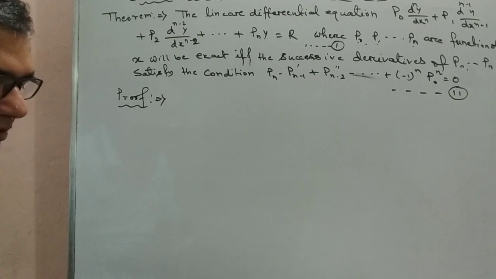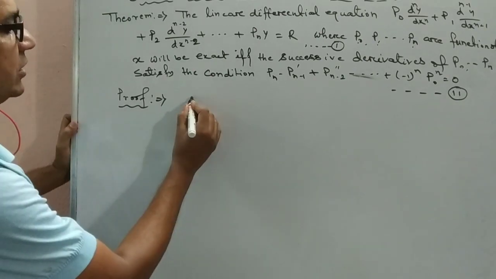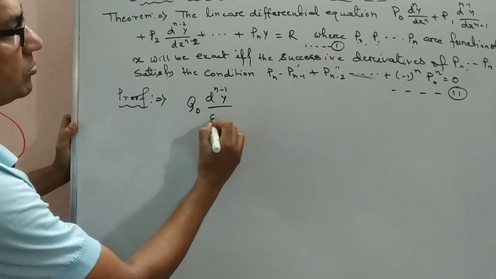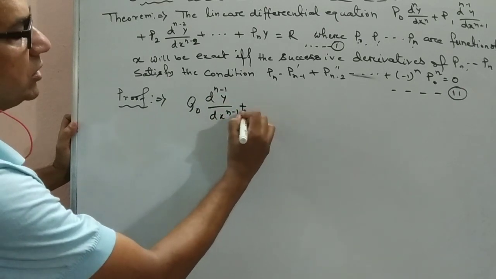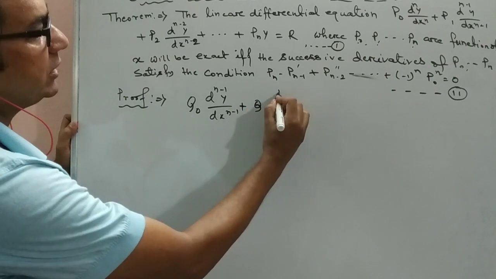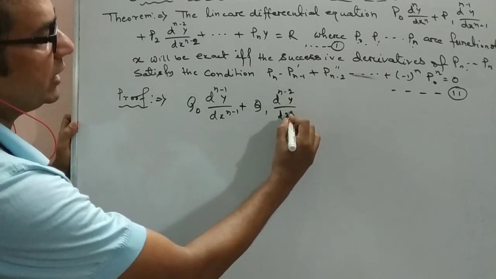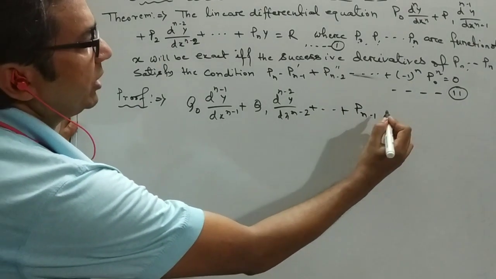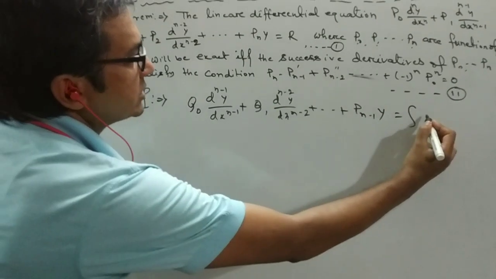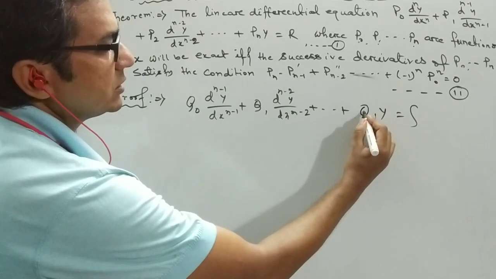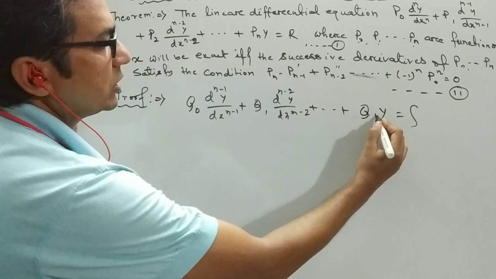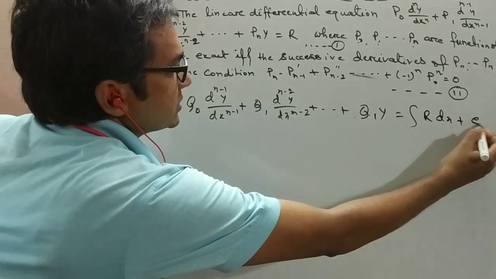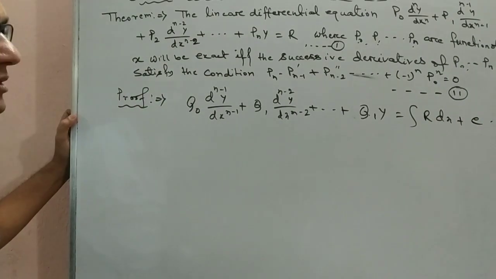Let it be u0 d^(n-1) y by dx^(n-1) plus u1 d^(n-2) y by dx^(n-2) up to u(n-1) y equal to the integral of R dx plus an integrating constant c.